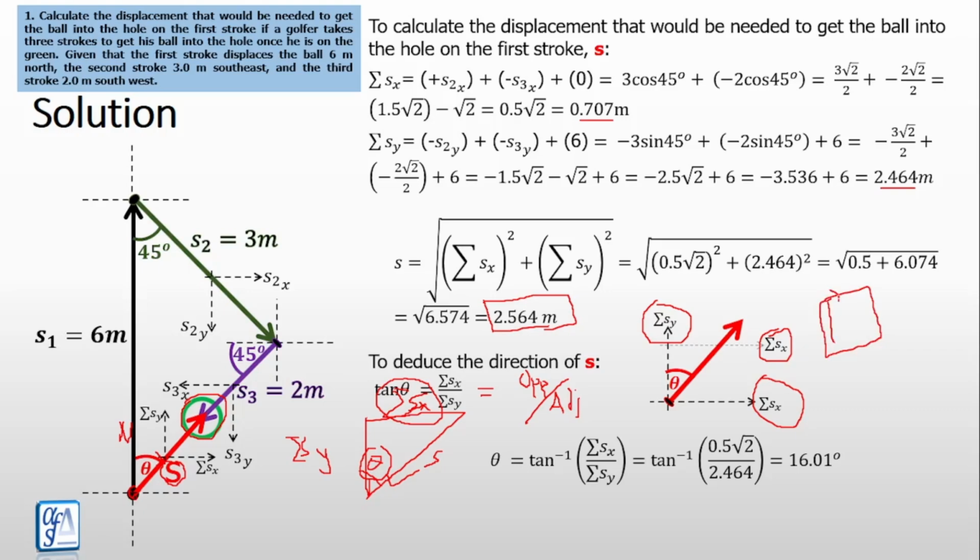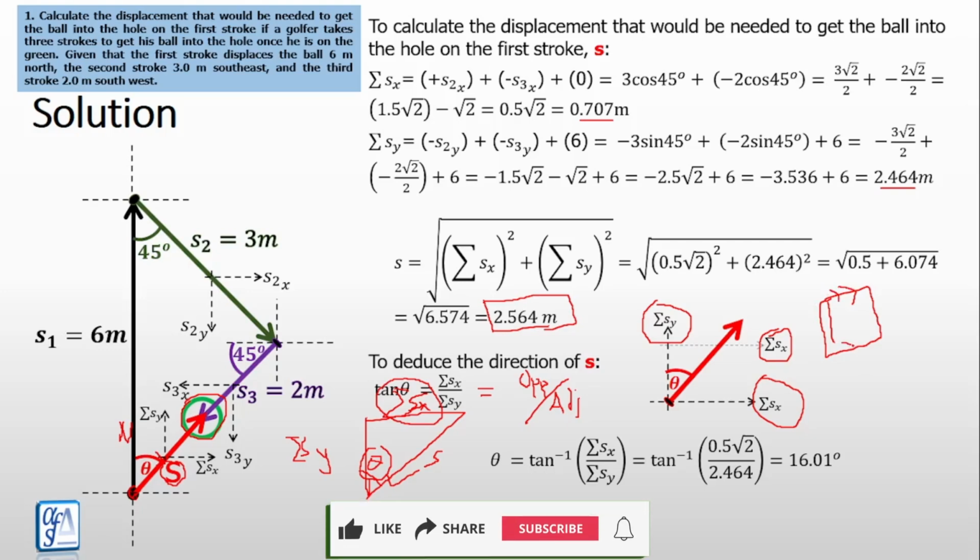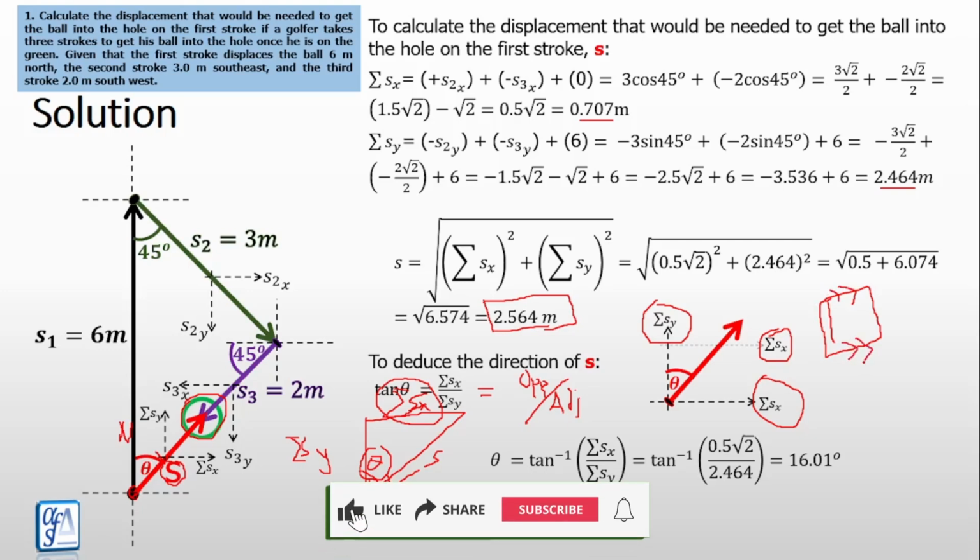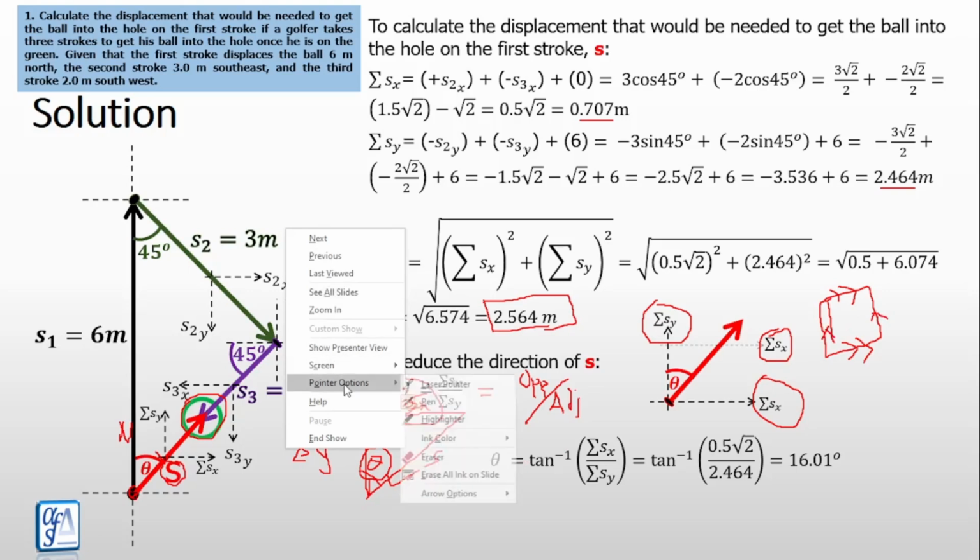So if this is parallel to this, then these two are equal. This is also parallel to this, then these are also equal. Okay, so now let's make our coordinates.